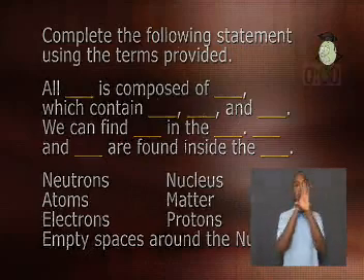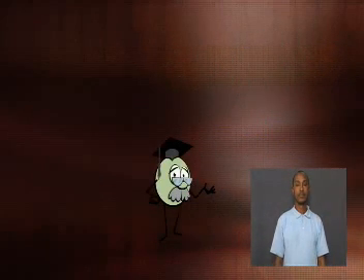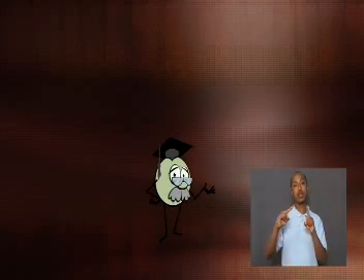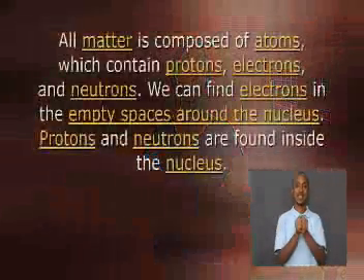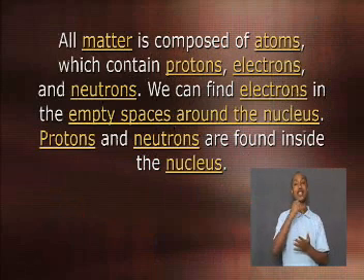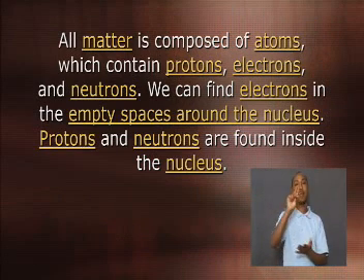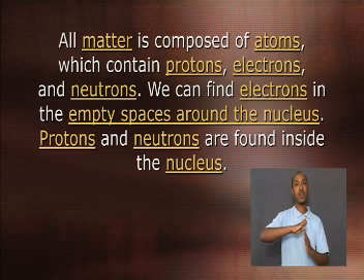Time's up. Let's get back to our lesson. Welcome back, everyone. Let us now complete the statement together. All matter is composed of atoms, which contain protons, electrons, and neutrons.